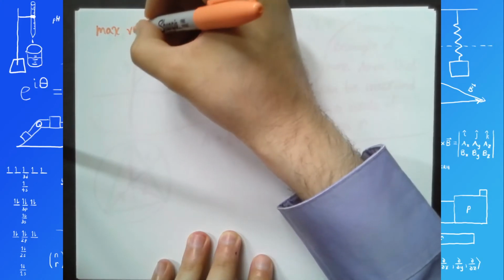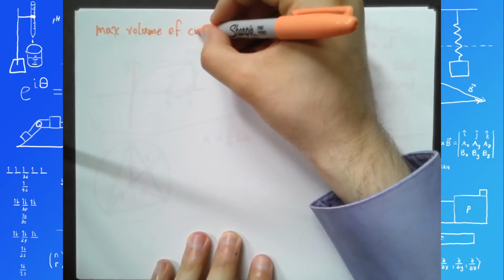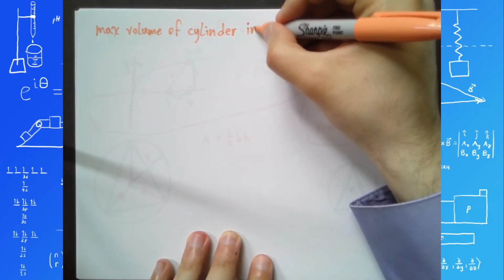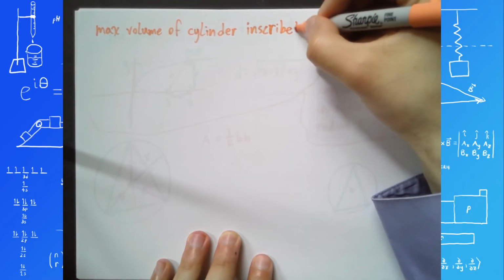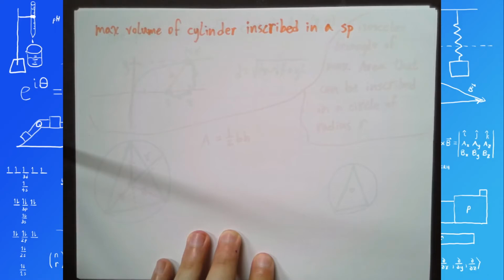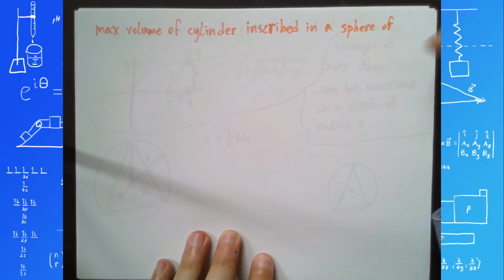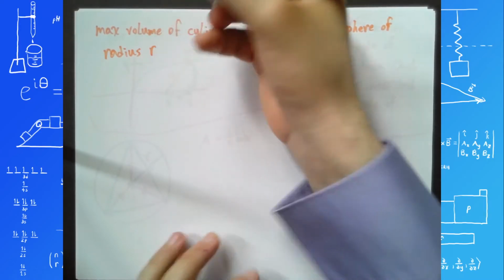Max volume of cylinder inscribed in a sphere of radius r, I think is what they said. Okay.